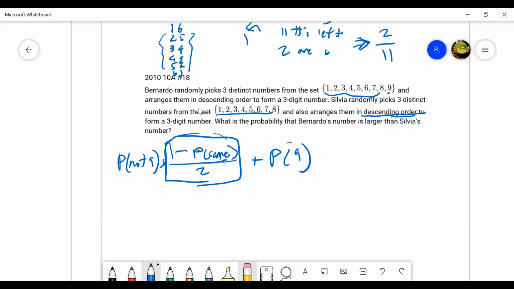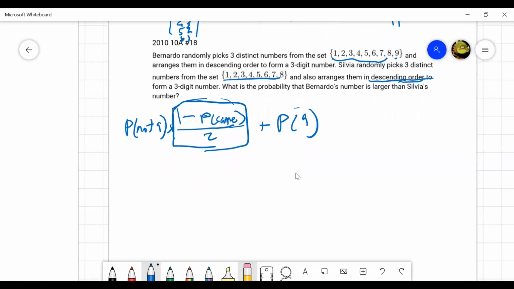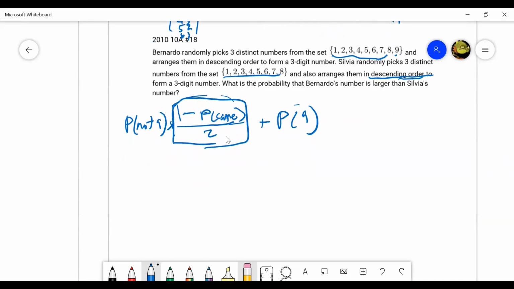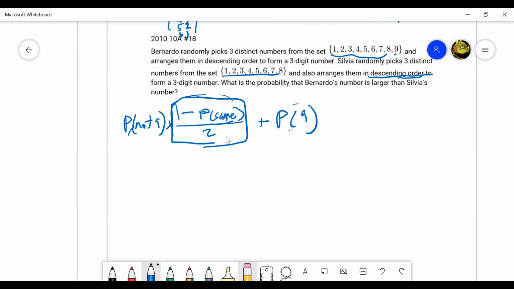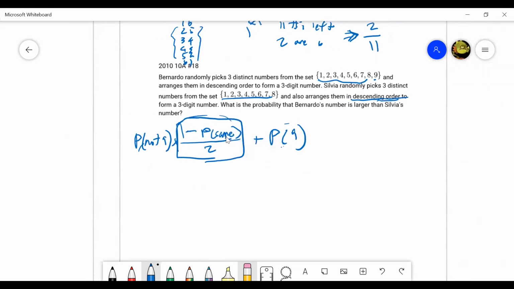You can see that this covers all cases, because getting the 9 and not getting the 9 are complementary cases. There isn't a case that's not within both of them.